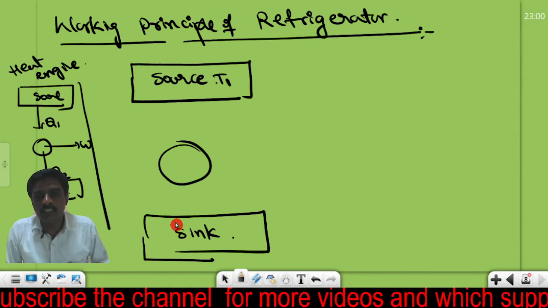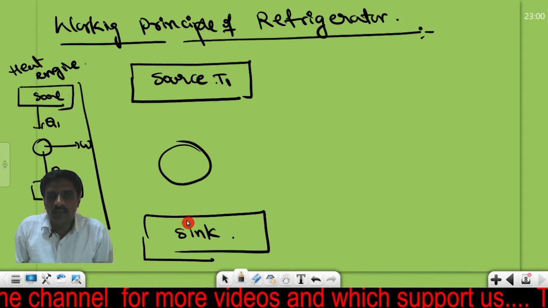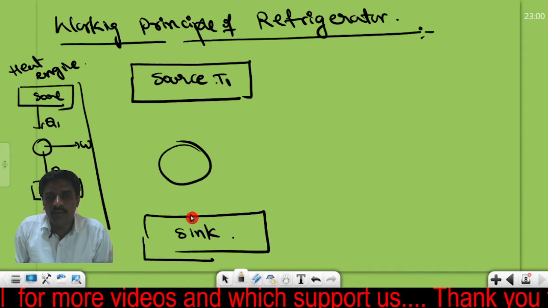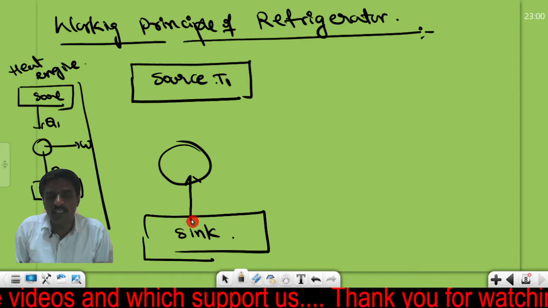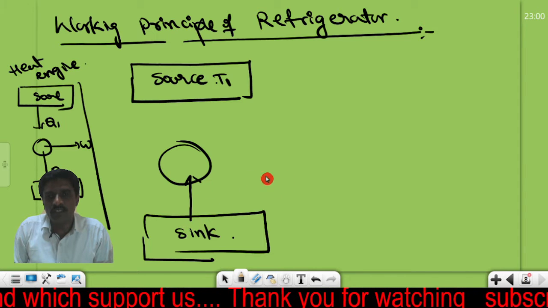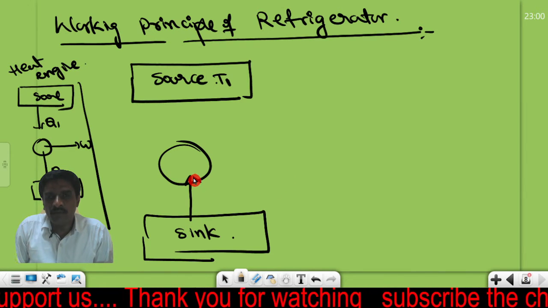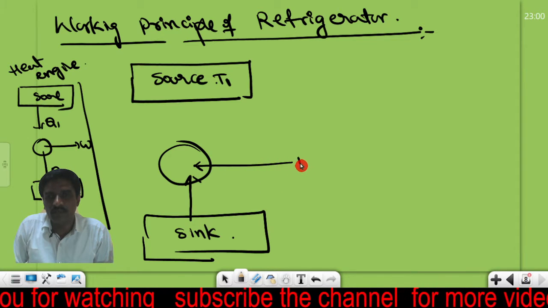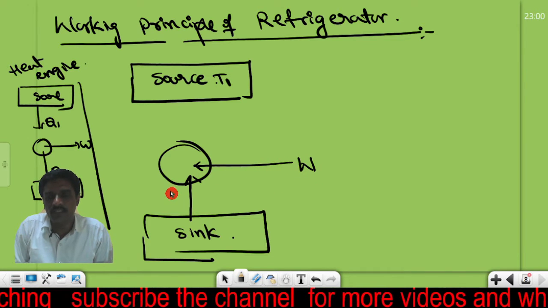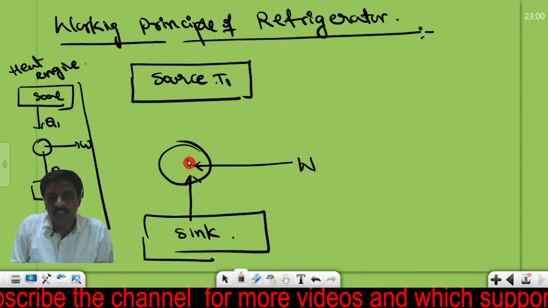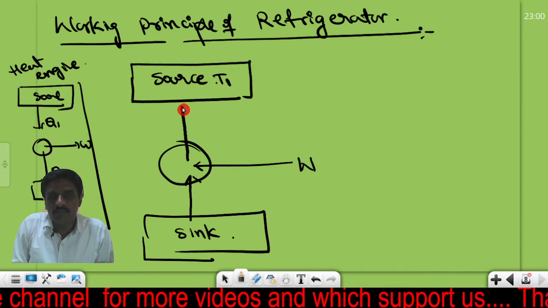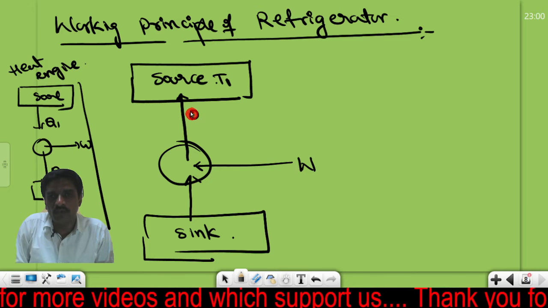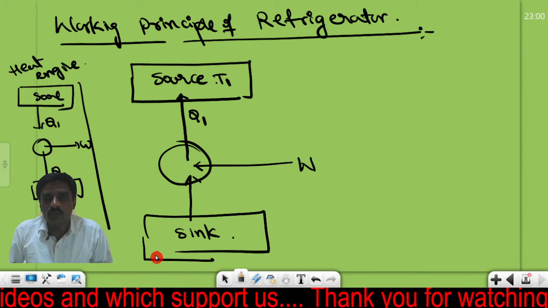But as it is working in the reverse case, the Q2 amount of heat is taken from the sink by the working substance. To take this amount of heat energy, we need to perform some work on the working substance. Then the Q1 amount of heat must be sent to the source.